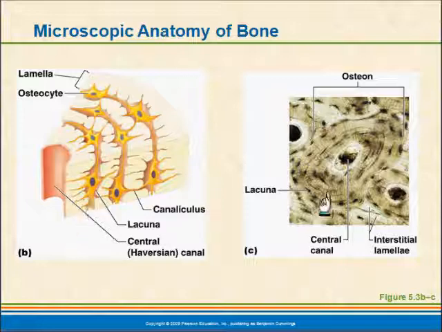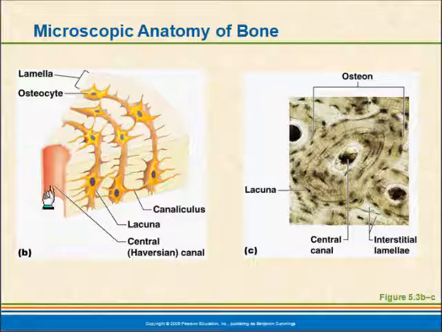Anyway, here you see the central canal, and you see it as well here, and you see that we have rings of bone structure, and those rings of bony structure are the lamellae. Located in little pits in between those rings are the osteocytes located in the lacunae. And you see here small canals leading from the central canal called canaliculi. Single is canaliculus.